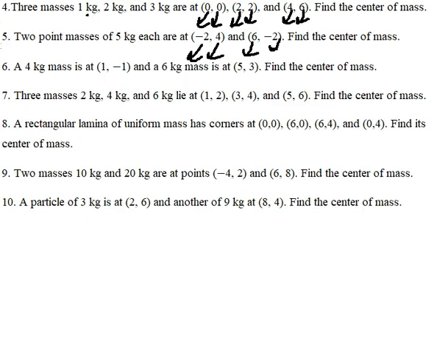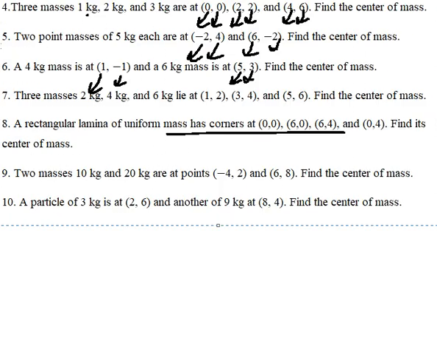And for this case, we have actually 2 masses, that is x1, y1, x2, y2, like that, and so forth. So try to interpret them in the same way for the rest of the other questions. So that's how you start to understand the center of mass of a system in 2 dimensions.